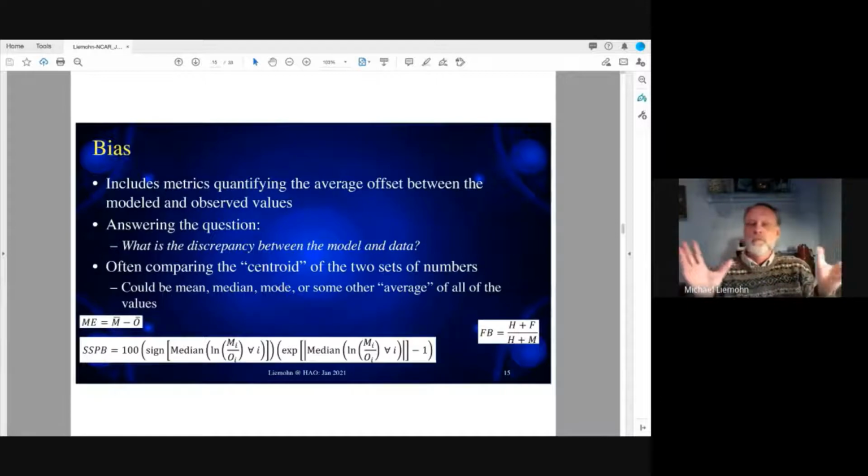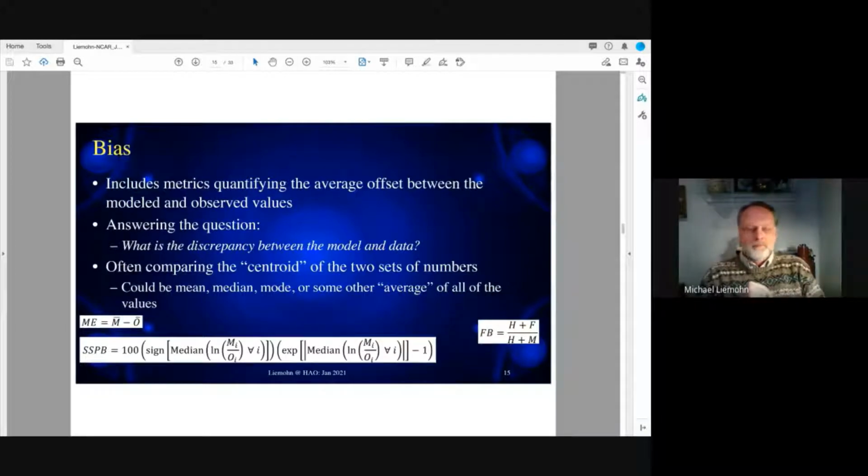It could be the geometric mean or median or some other value that you're comparing. Are the two data sets shifted from each other? That could be part of why the accuracy is bad, because you have a bad mean error. And this can help to explain what's going on in RMSE, for instance.